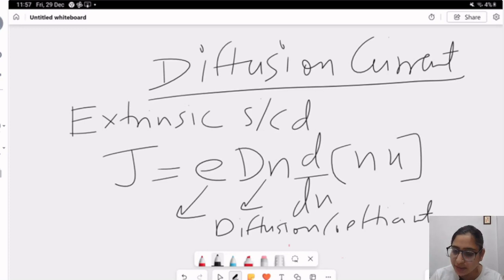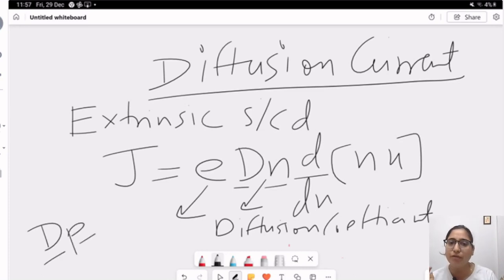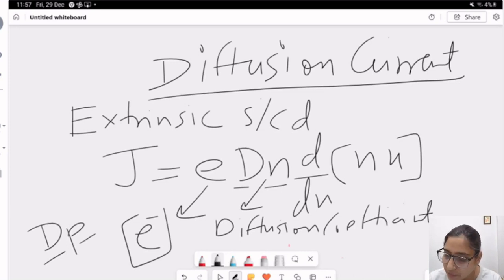We have to consider here D_n is for n-type diffusion coefficient, and if I am doing it for holes, then we have D_p diffusion coefficient. So this is the constant here. e is the charge of electron, and d by dx of n(x), what does it mean? At x per unit area, the concentration gradient.